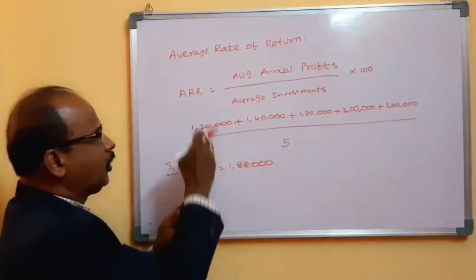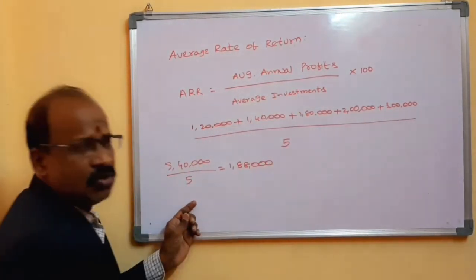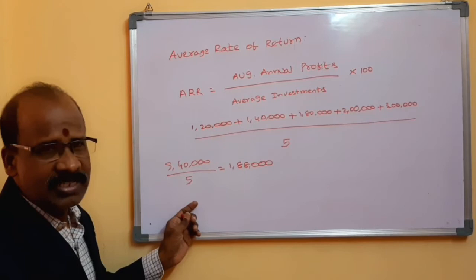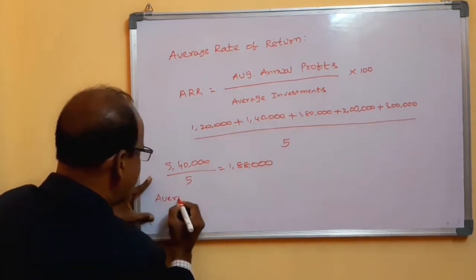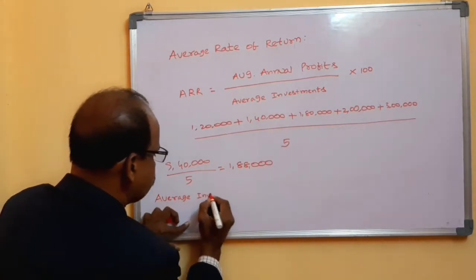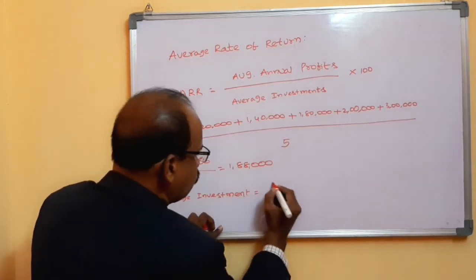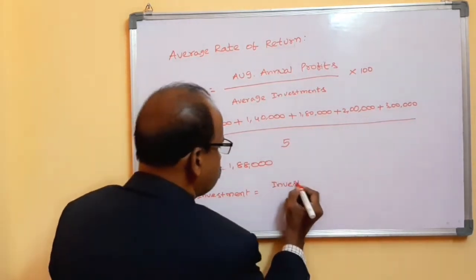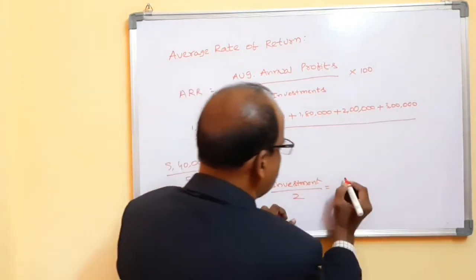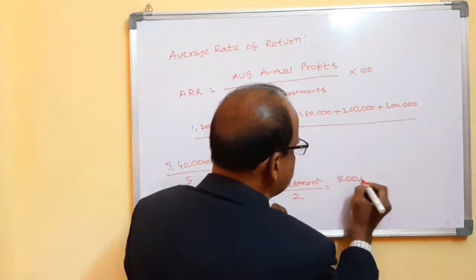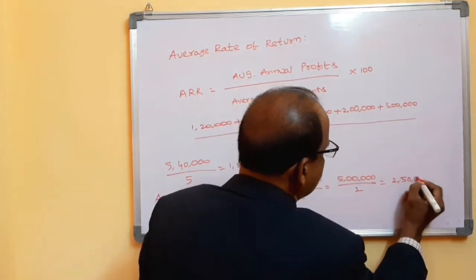Now this information is put into the formula. So we got average annual profits 1,88,000. How to calculate average investment? Average investment equals investment by 2. Investment in this problem how much? 5 lakhs by 2. We get 2,50,000.